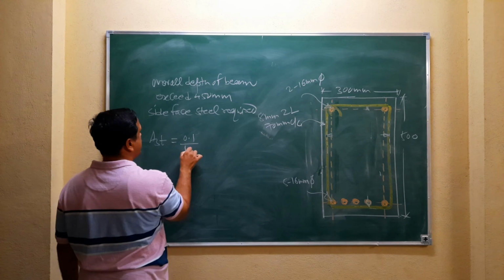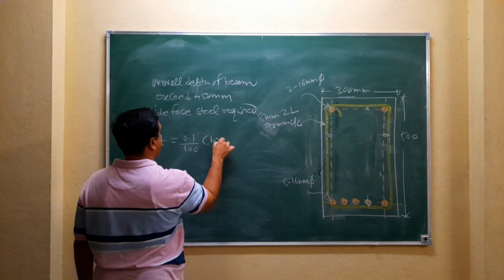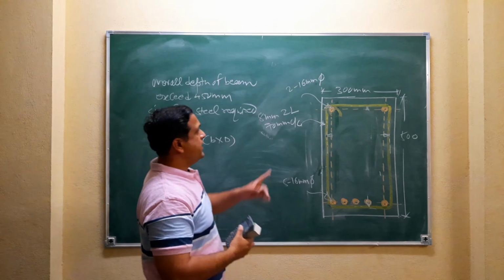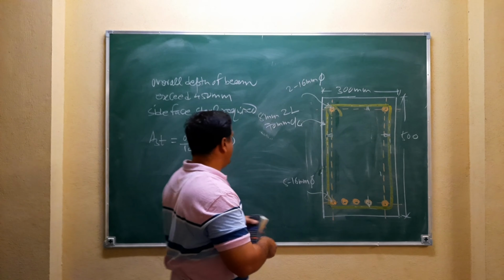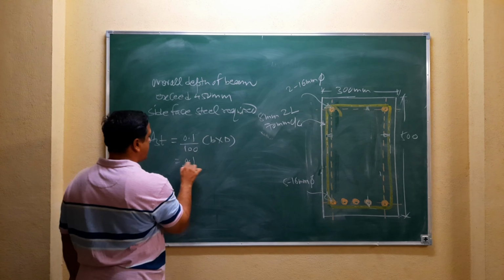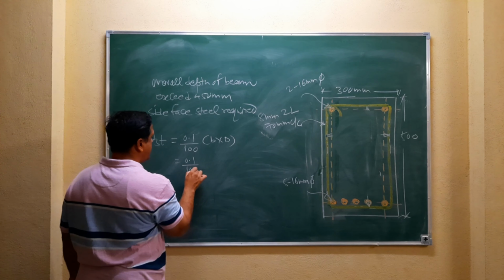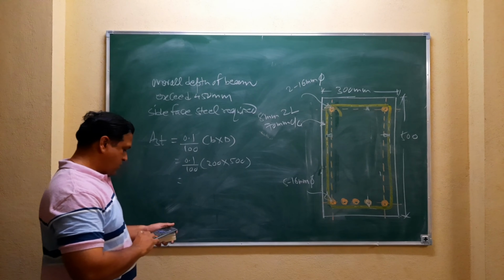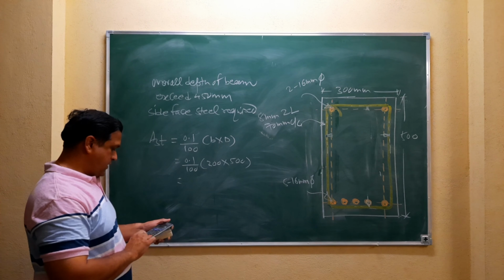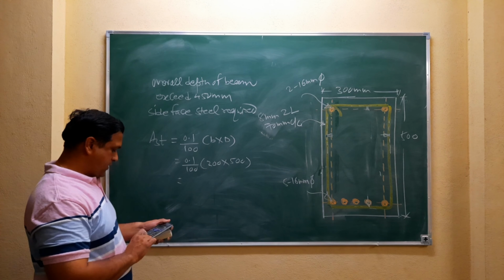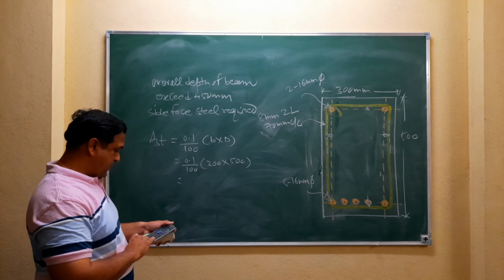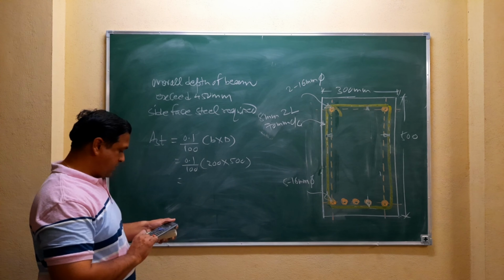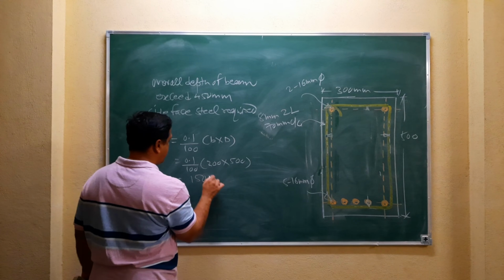The web area is B into D, so 0.1% of 300 into 500. So 300 into 500 divided by 100 into 0.1 is 150 mm square.